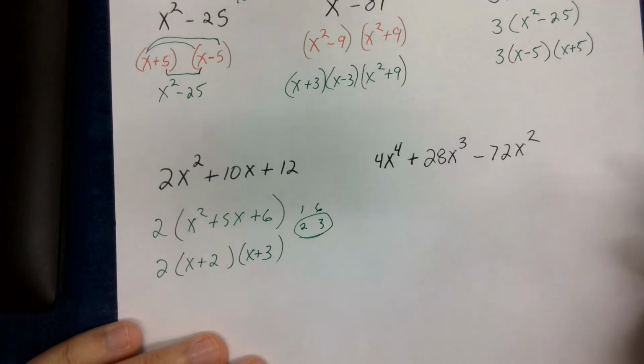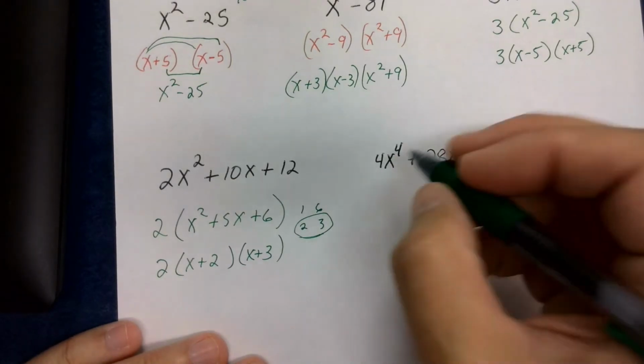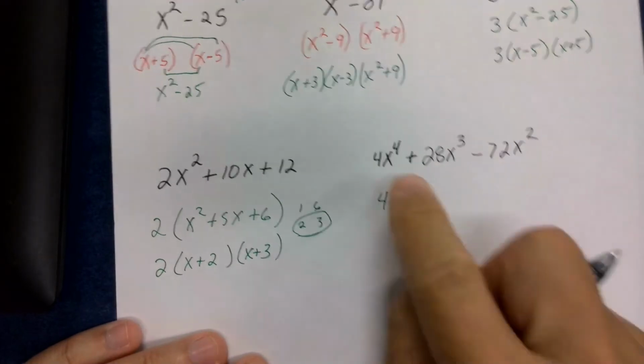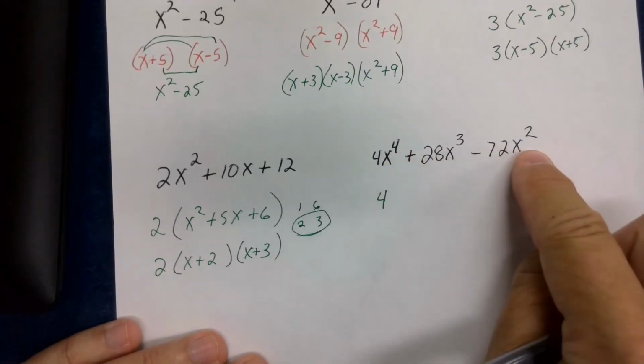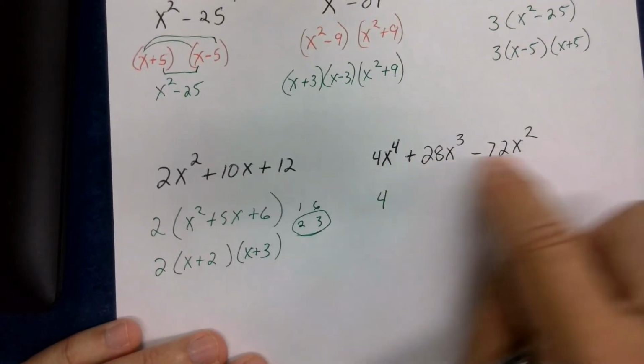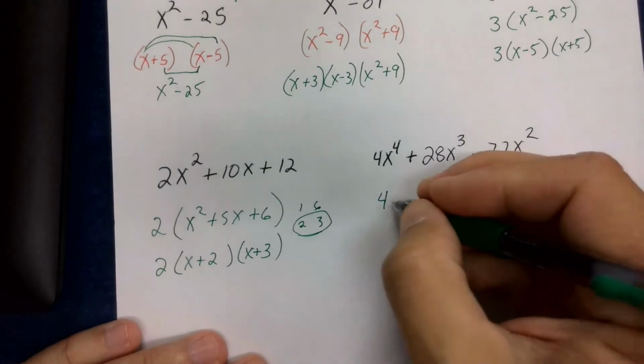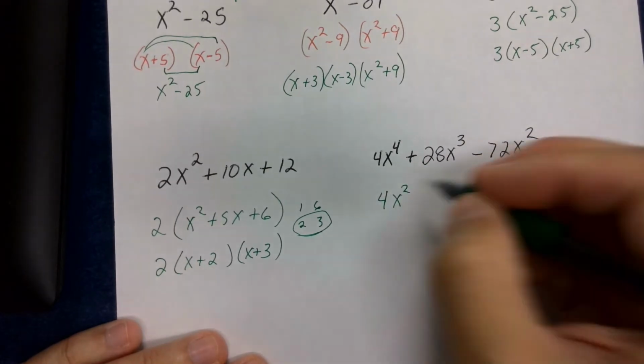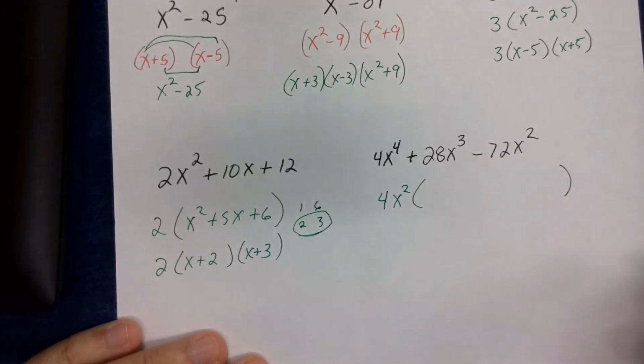It goes into all of them. Now, if you didn't know that, hopefully you can do a quick little math check on your calculator if you need to. So I'm going to pull a 4 out, and then I also have an x to the 4th, an x cubed, and x squared. So the biggest one of those, the greatest common factor for that is x squared. So I'm going to pull a 4x squared out, and now I'm going to write what's left.